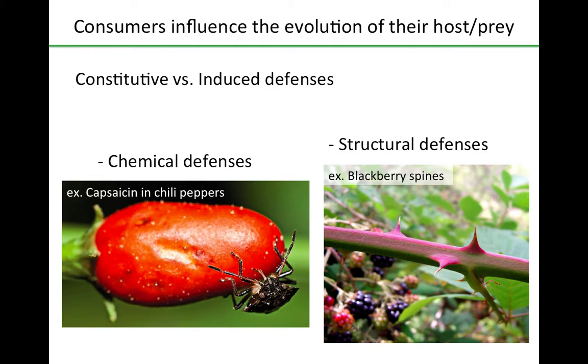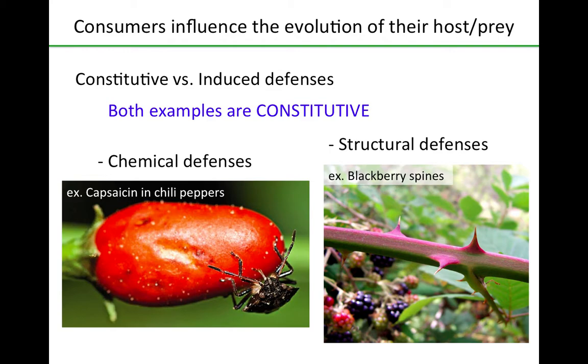And you're going to read a paper this coming week about induced defenses, so I want to talk a little bit about the difference between these types of defenses so you're ready for that paper. So both of these examples I just talked about, capsaicin in chili peppers, spines in blackberries, these are both examples of constitutive defenses. This just means that they're always present.